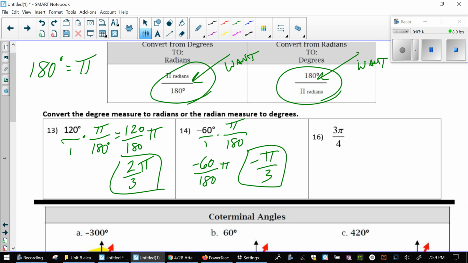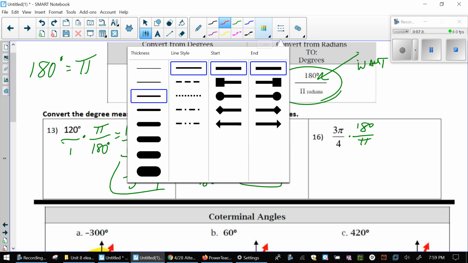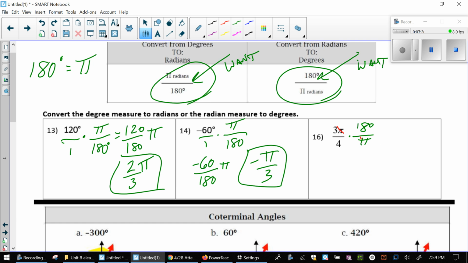All right, 3 pi over 4. Now I'm starting with radians. I want degrees, so that means 180 goes on top, pi goes on the bottom. And this is why this is important, because see how the pi's cancel here? That's what we want to happen. And all you guys need to do, again, multiply your numerators and divide by 4.